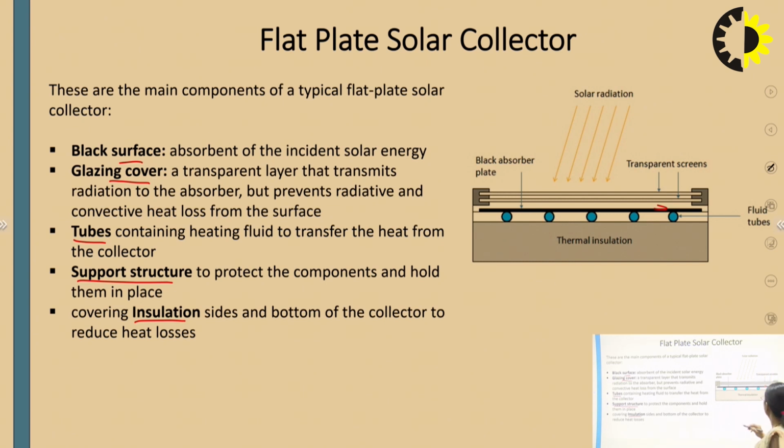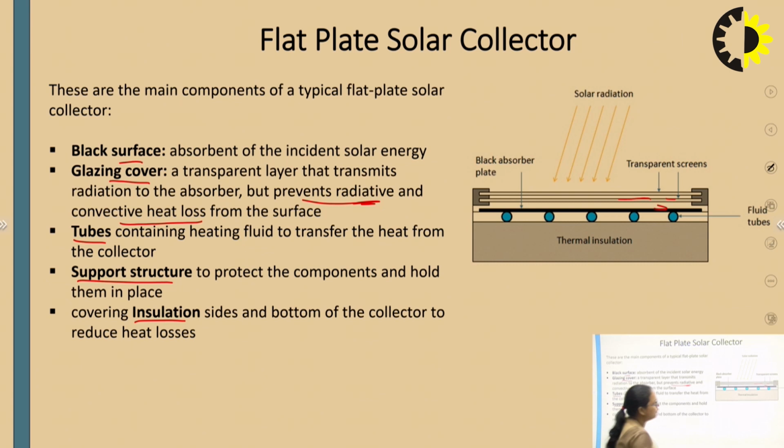Then talking about the glazing cover, it is a transparent layer. You can see over here, this is a transparent layer which transmits radiation to the absorber and prevents radiative and convective heat loss from the surface.